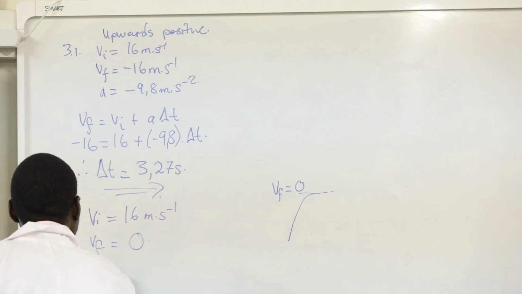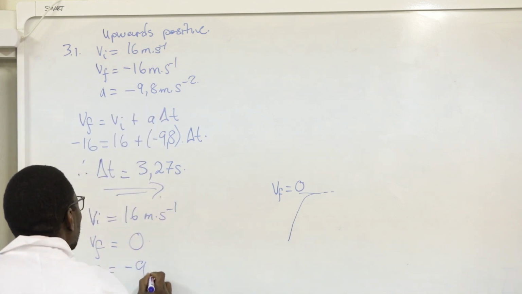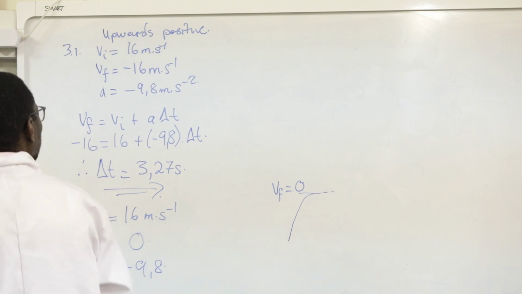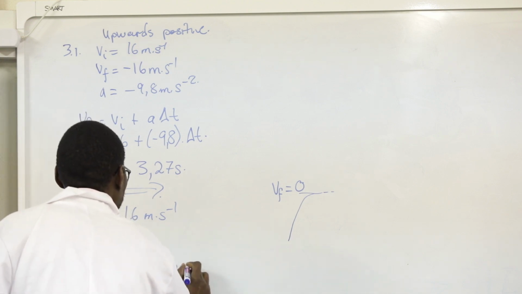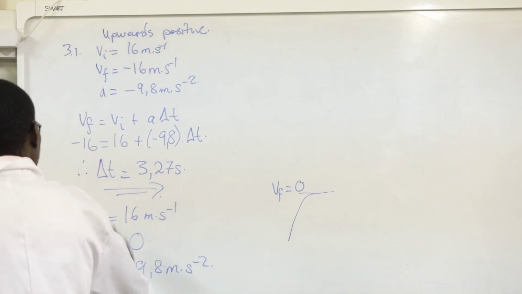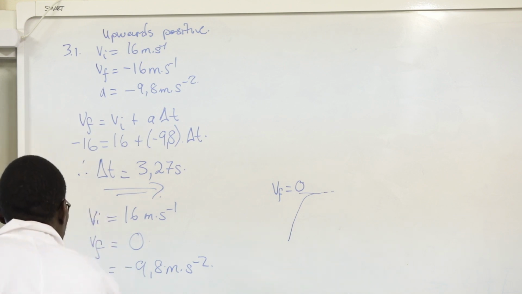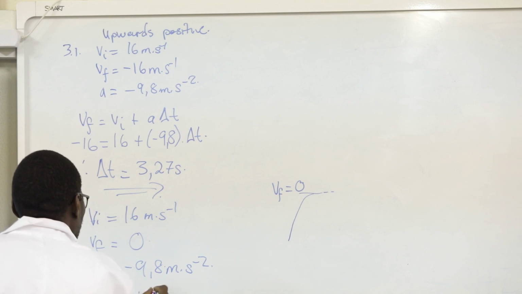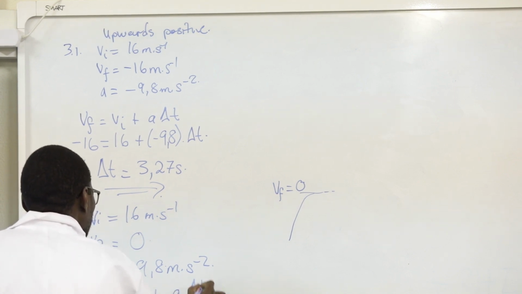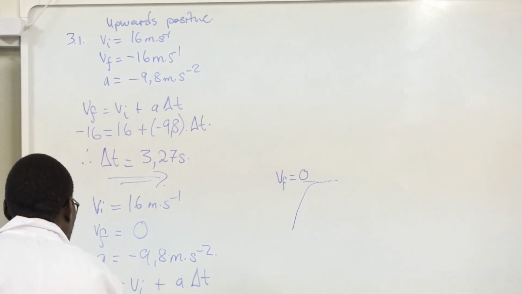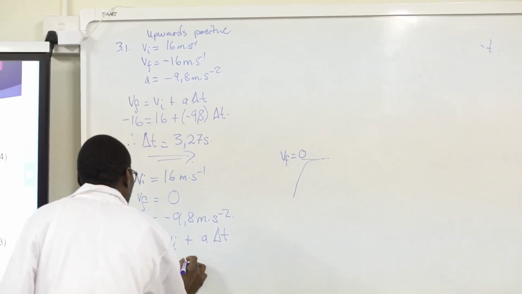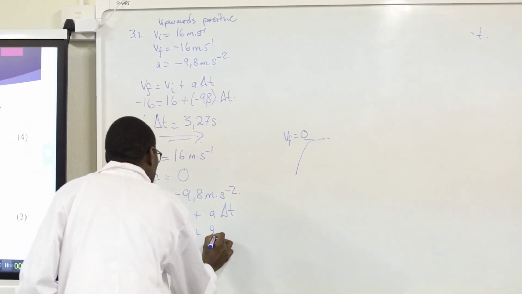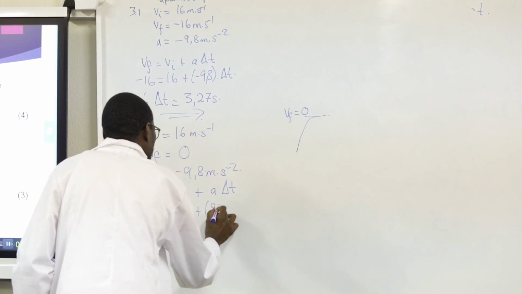And acceleration being minus 9.8 meters per second squared. For this instance, V final is equal to V initial plus acceleration times change in t.